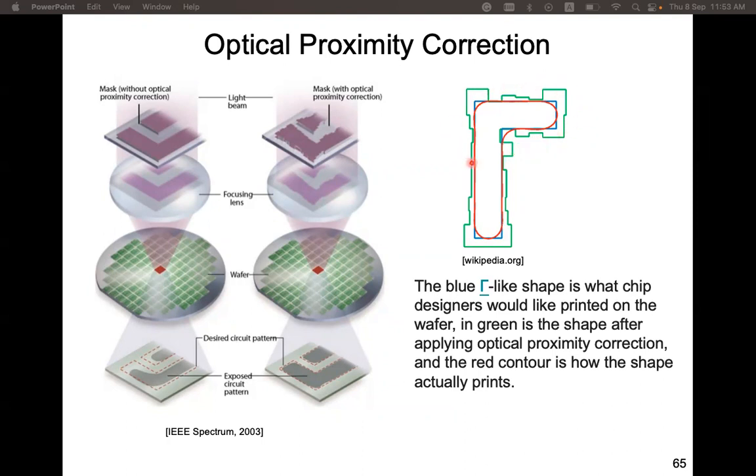You see, it's very different from the intended blue one. The manufacturer applies some algorithm to generate this green pattern. And in the actual manufacturing, the red shape of photoresist is formed. The actual one is very close to the intended one, but only after applying this OPC algorithm, only after using these complicated and strange shapes.